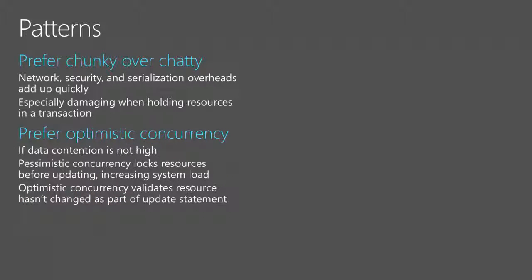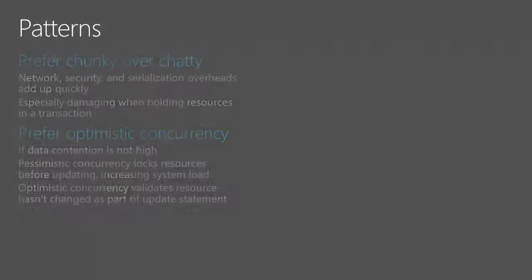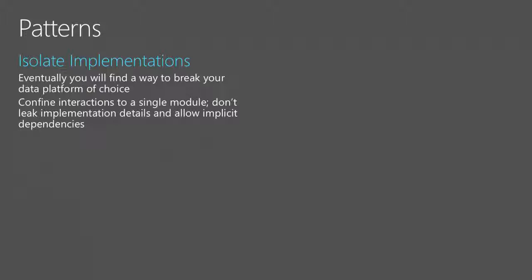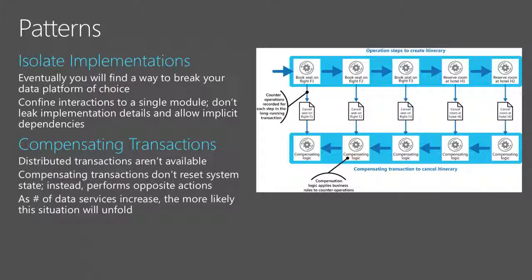Other patterns: prefer chunky communication over chatty communication, prefer optimistic concurrency, ensure that you leave yourself sufficient flexibility to go in and completely replace your storage layer when you eventually break it. Make sure that you don't hold out any hope for a distributed transaction manager anytime soon. Put in the right kinds of technology to be able to roll that back without relying on that.